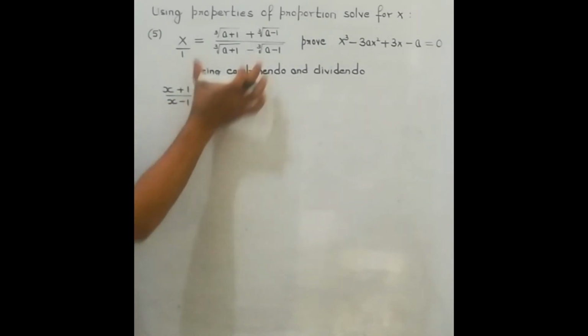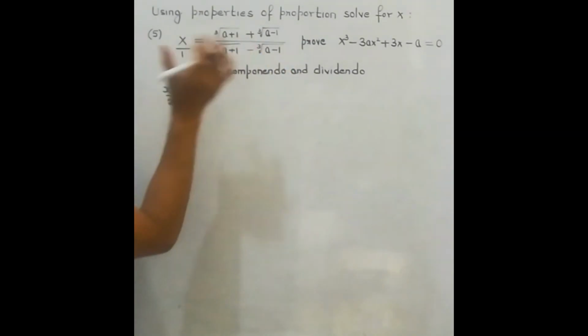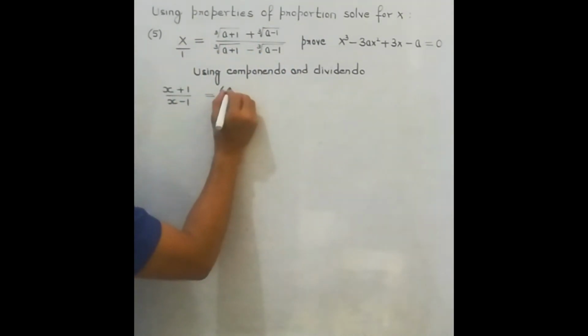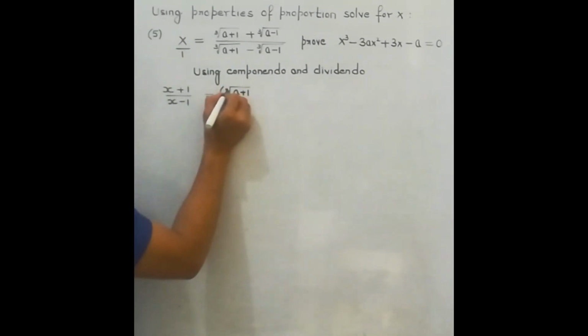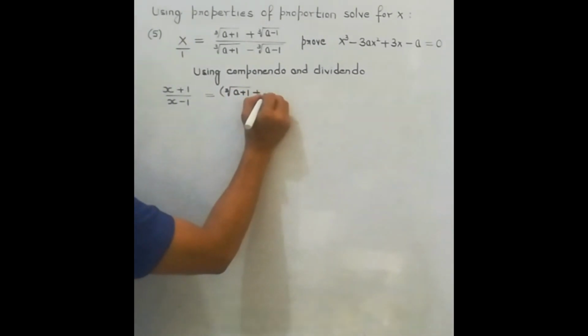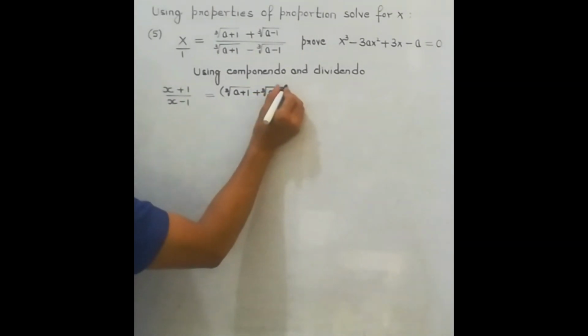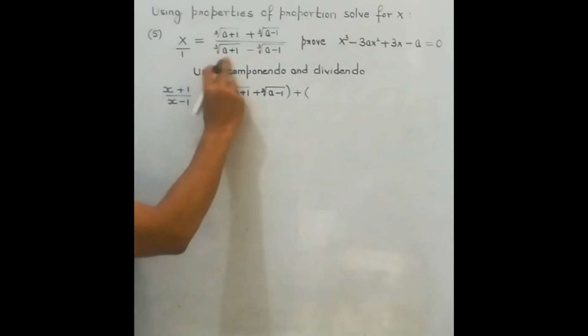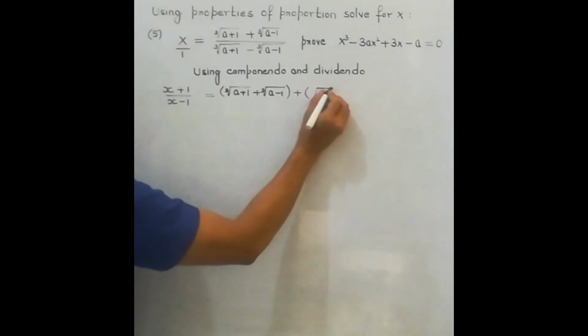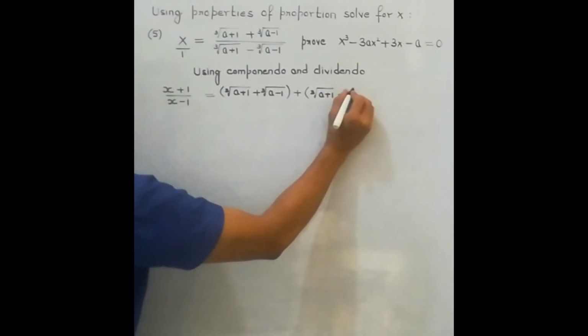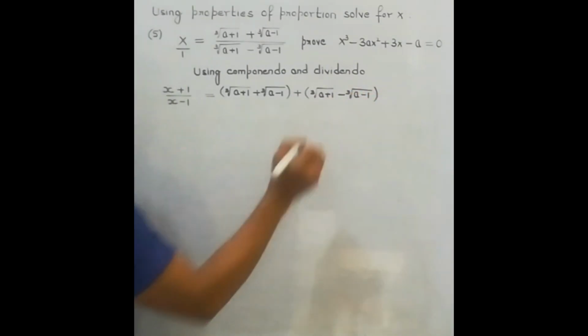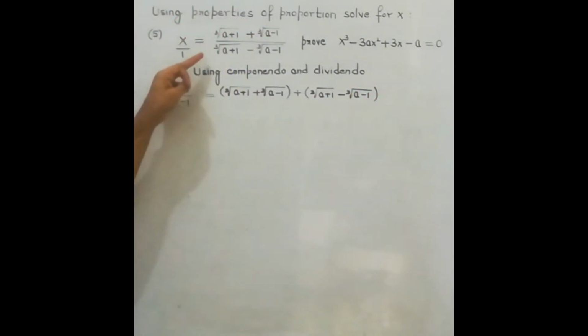Similarly, on the right side, this is the numerator part and this is the denominator part. So this is the numerator part and then plus the denominator part. So we have written this is numerator, this is denominator.